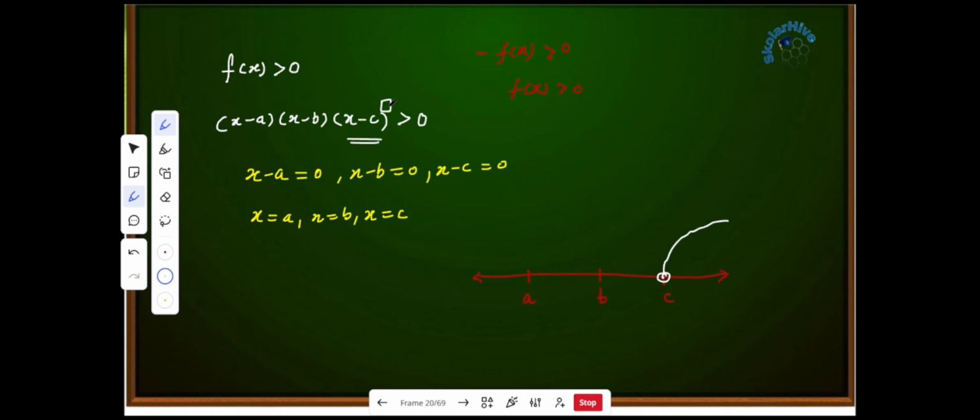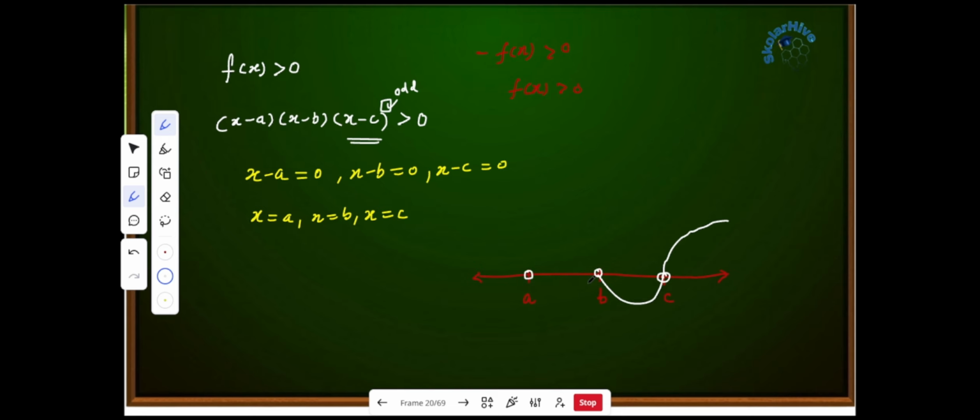If the exponent of this linear factor is an odd number, then the curve will change its direction from above the line to below the line. As in this case, x minus c has power 1, which is an odd number, so it will change direction from above the line to below the line, and it will reach the point b. Here also, as this is only greater than, at every point there will be a hollow circle.